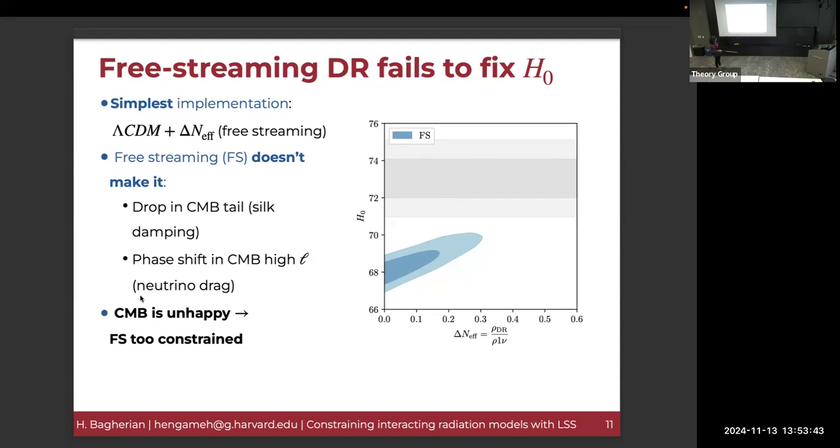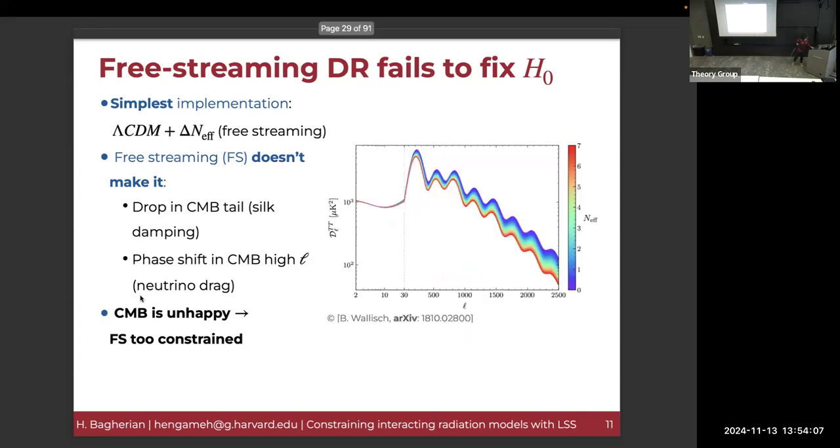There are a few reasons why this model might run into a problem. We have to remember that the CMB data is very, very accurate and has a lot to say when we do any sort of Monte Carlo on these models. Adding dark radiation can cause two effects on the CMB spectrum. Free streaming dark radiation can cause Silk damping, and it can also shift the peaks.